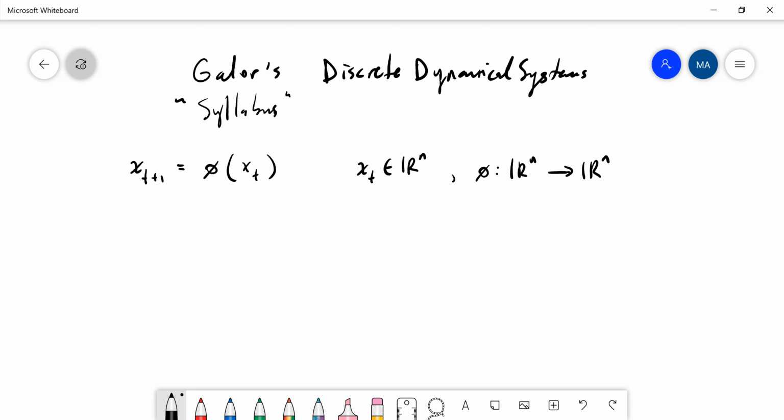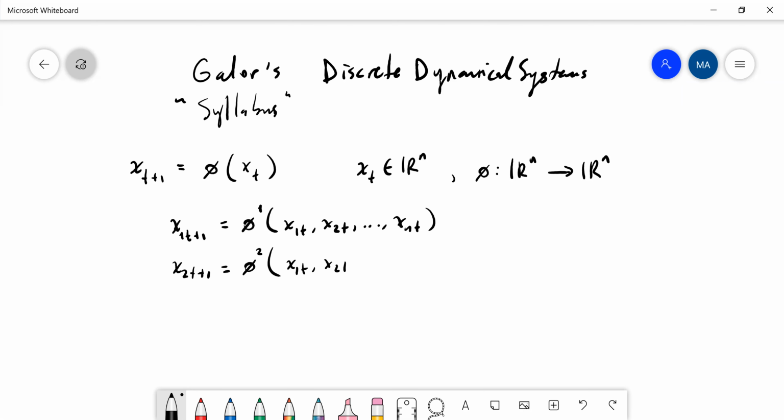Okay. So if you write it explicitly, you have x1(t+1) equals phi1(x1(t), x2(t), ..., xn(t)), all right? You have x2(t+1) equals phi2(x1(t), x2(t), ..., xn(t)), and this goes on like this.